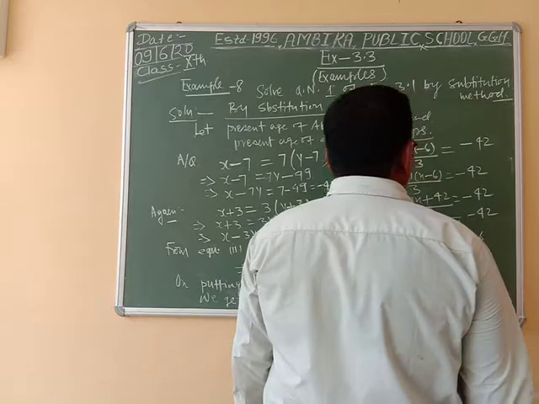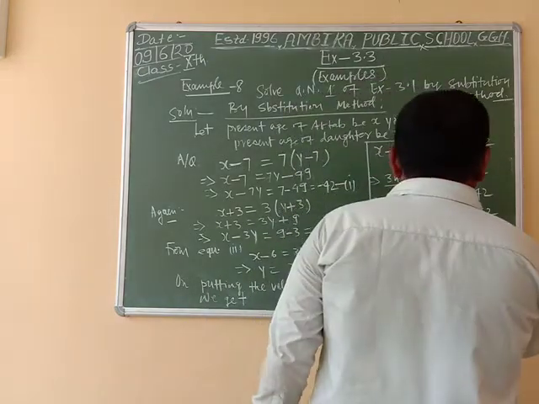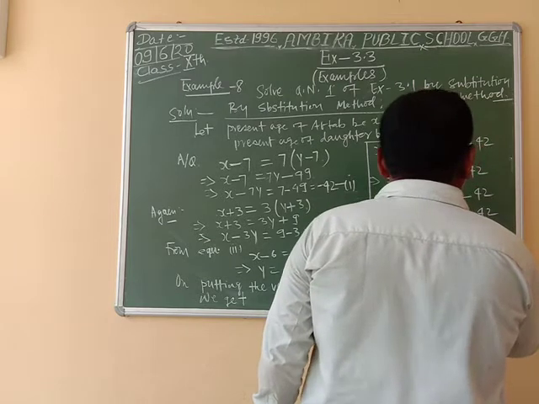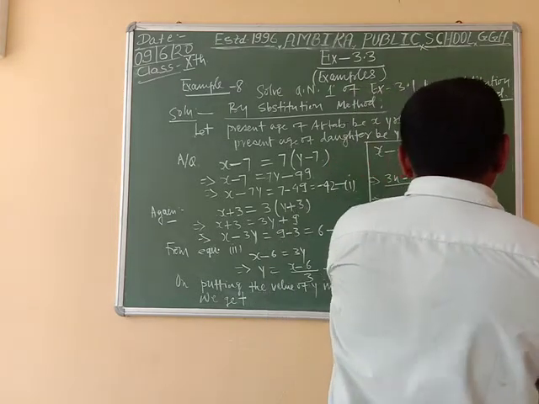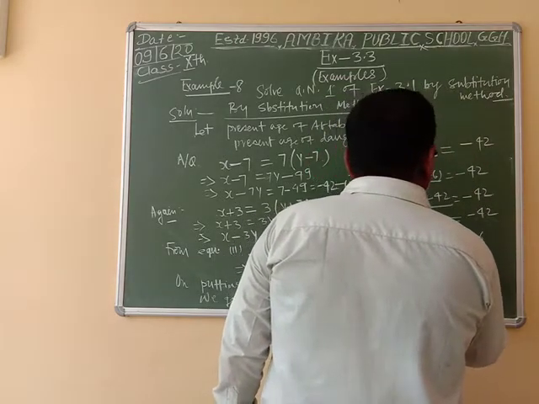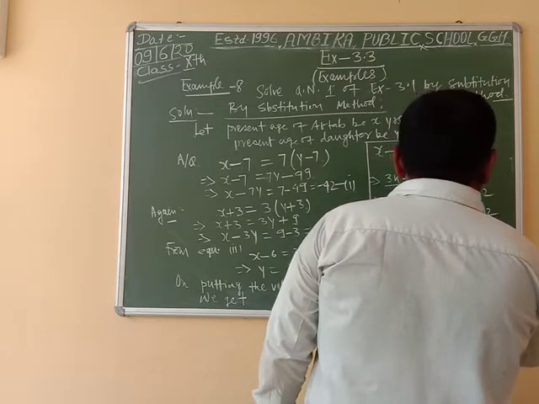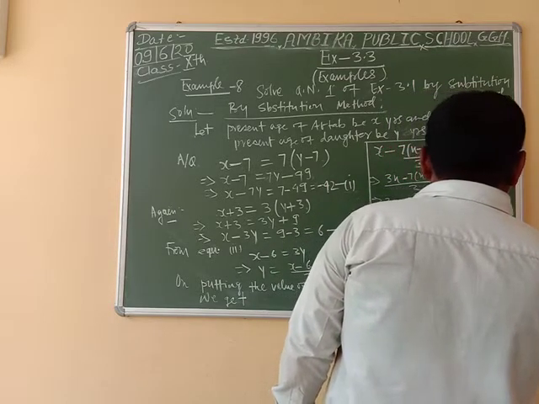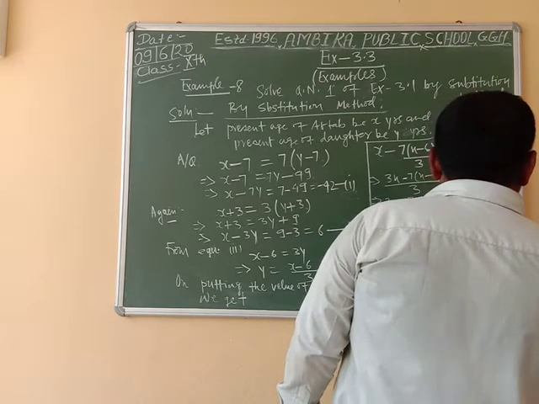Minus 4x plus 42 is equal to minus 126 by cross multiplication. Minus 4x is equal to minus 42 minus 126, which is equal to minus 168.